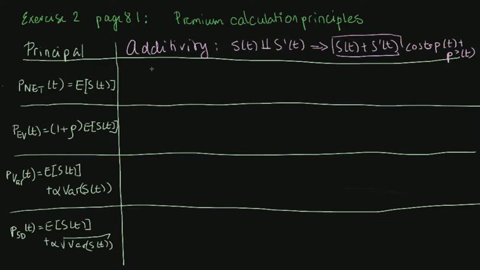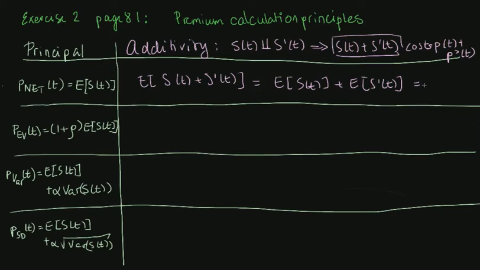So in the net value principle, everything seems to go along pretty fine, right? When I consider the mean value of S of t plus S prime of t, just by linearity of the expectation, I can split this up, and then I get the mean value of S of t plus the mean value of S prime of t.